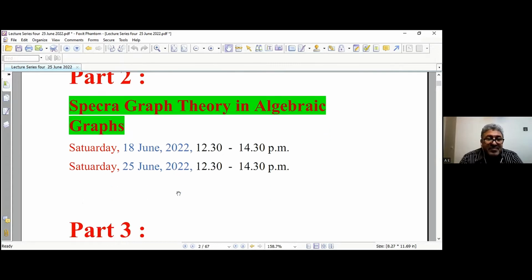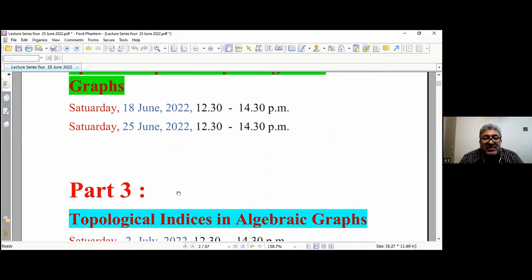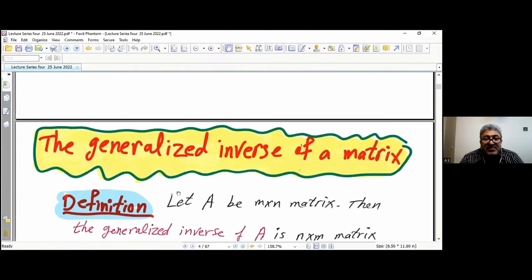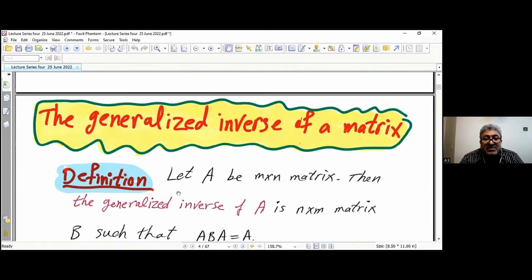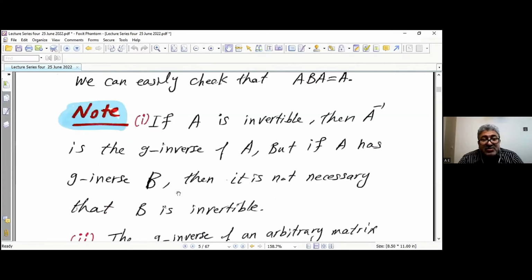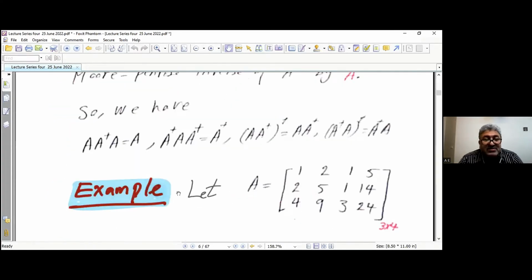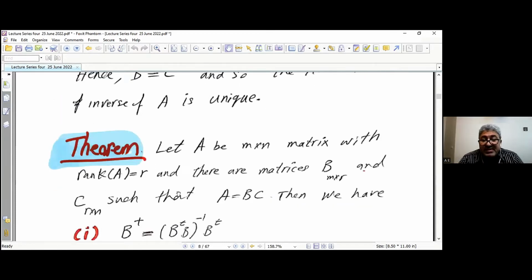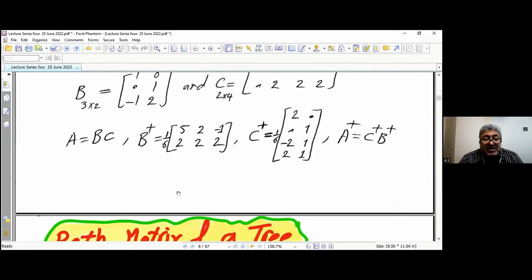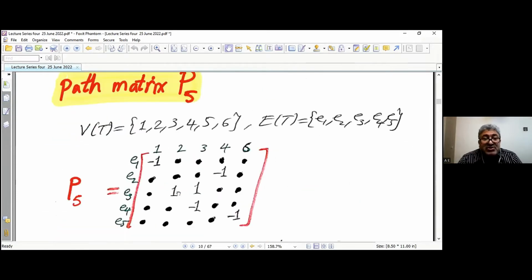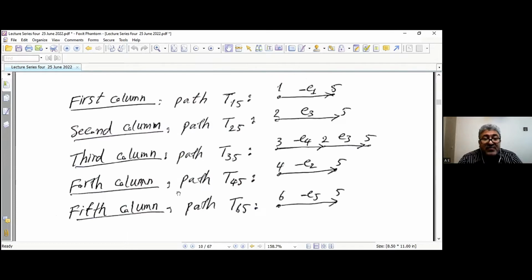In the last week, just let me remind you very quickly, I introduced general inverse, and the main point was that I introduced some matrices associated to a graph.